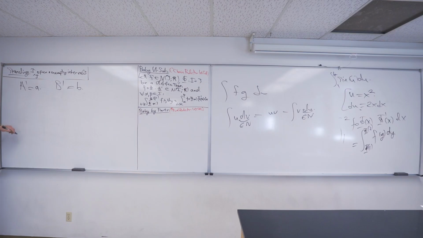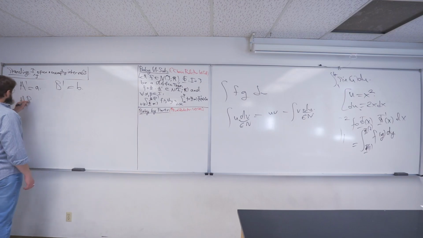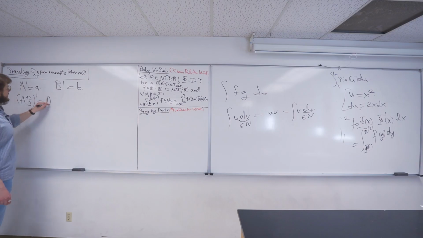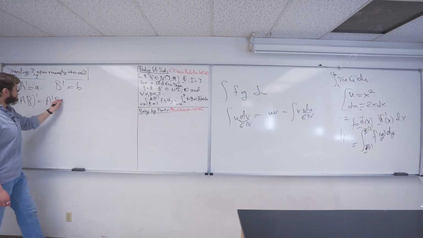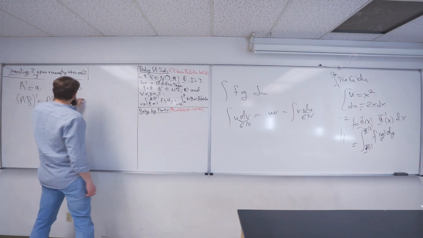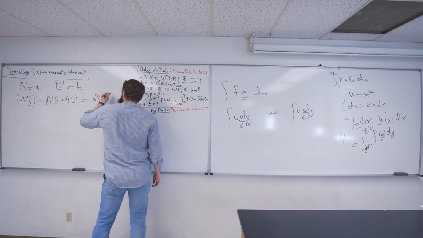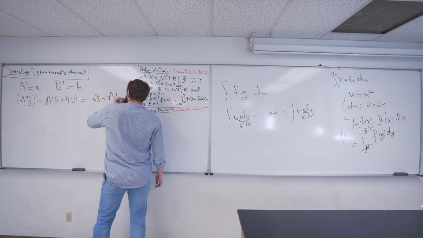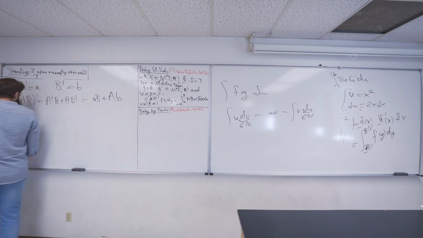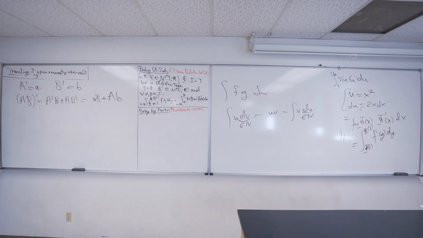If that is the case, when I differentiate A times B, what do I get? I get A prime times B plus A B prime, which is the same thing as lowercase a times B plus capital A times lowercase b. This is just the product rule.